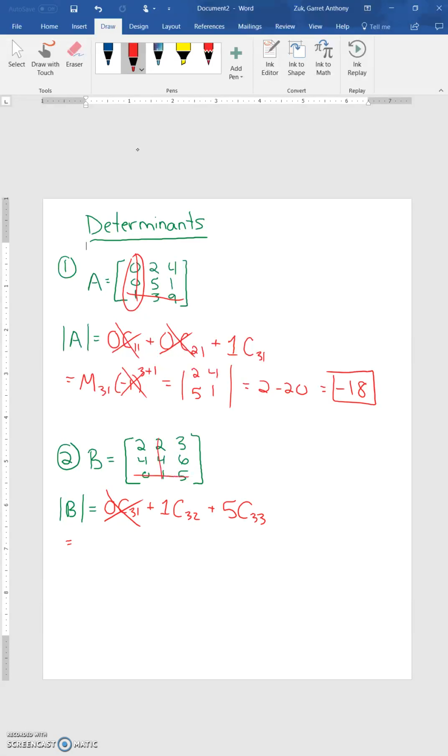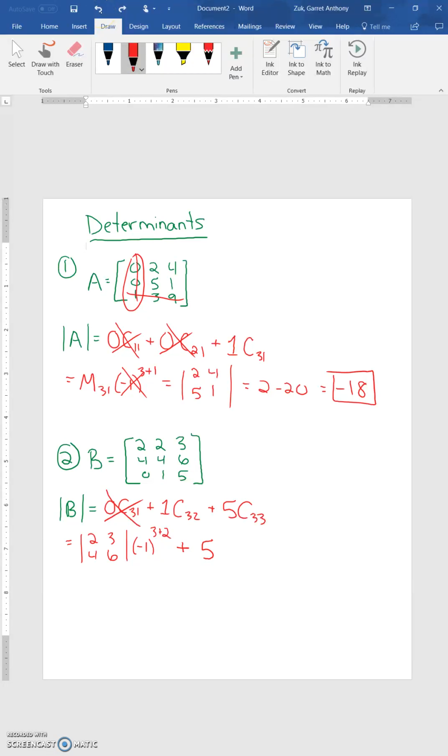The minor at 3, 2 should be this determinant here, times negative 1 to the 3 plus 2, plus 5 times this minor. Let's go ahead and erase a couple lines here.